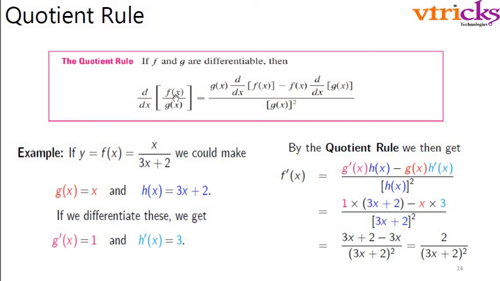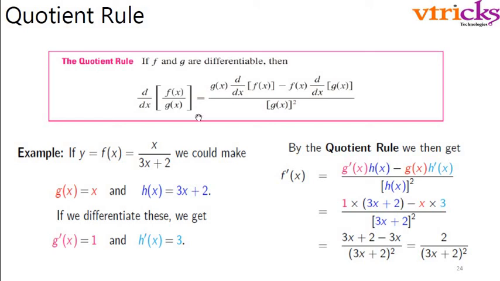So we call one the numerator and this the denominator. We take the square of the denominator here. Then I read it as denominator, the differential of numerator. f(x) is the numerator. So write the denominator as it is, the differential of numerator, minus numerator into differential of denominator.